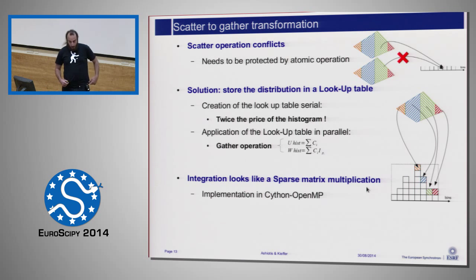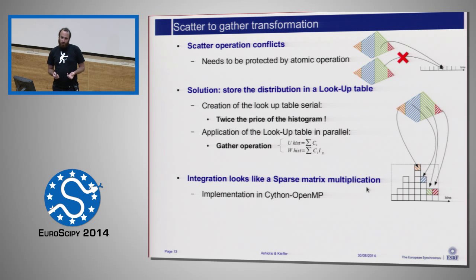So our operation, the histogramming, is a scatter operation which needs to be protected through atomic operations. But as we decided not to use those, we have to find a way to go around this. And what we did was to transform our operation from a scatter to a gather, which means, in principle, the creation of a lookup table which keeps the correspondence between the contributions and the pixels of the image stored in a table.